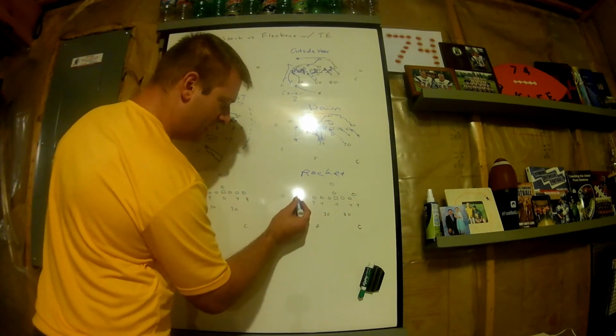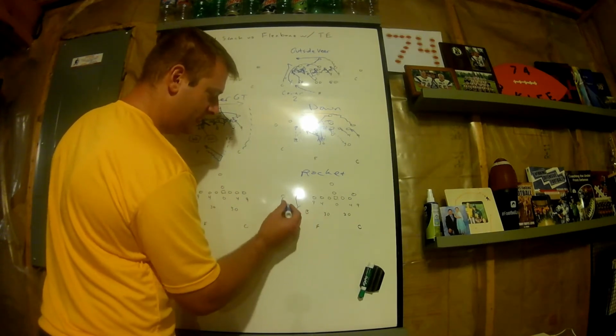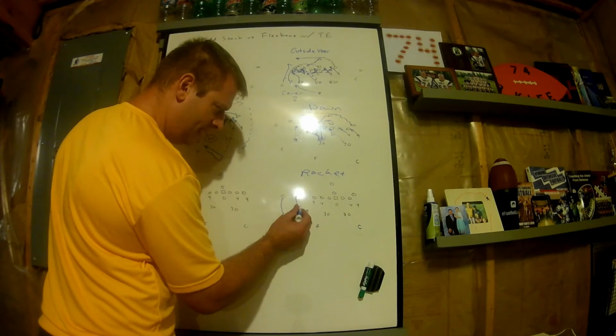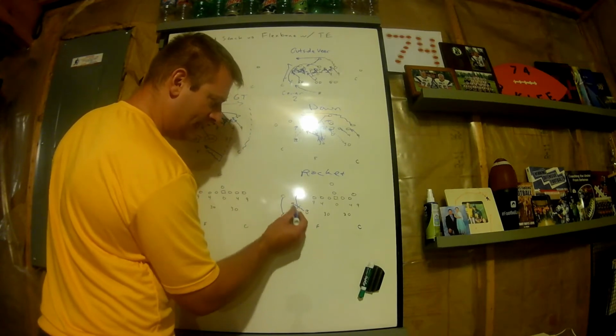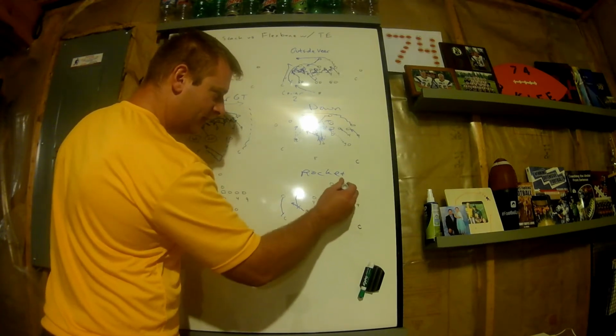So if we get an arc and an arc, or a switch and a switch, that backer's working to win outside. He's also going to funnel a vertical to his free safety that way. We get the full motion.